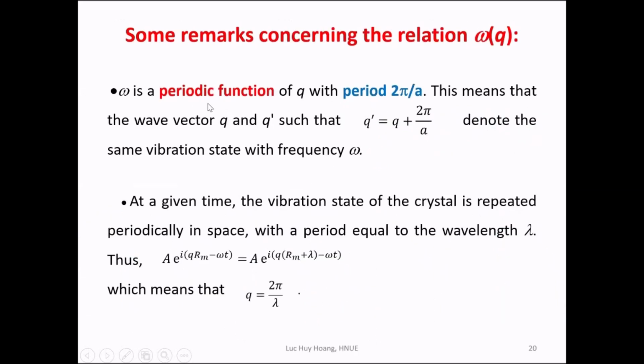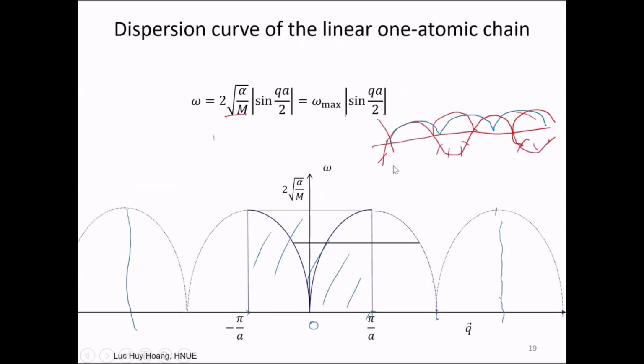Okay, first, you see that omega is a periodic function of Q with the period of 2 pi over a. This means that if we have the wave vector Q and Q prime, for example Q prime equals Q plus 2 pi over a, they should have the same vibration frequency. Look at this.